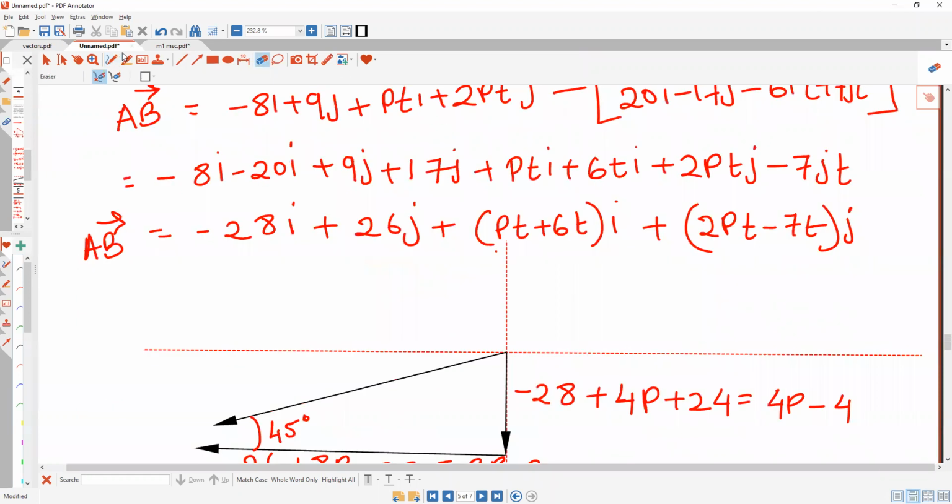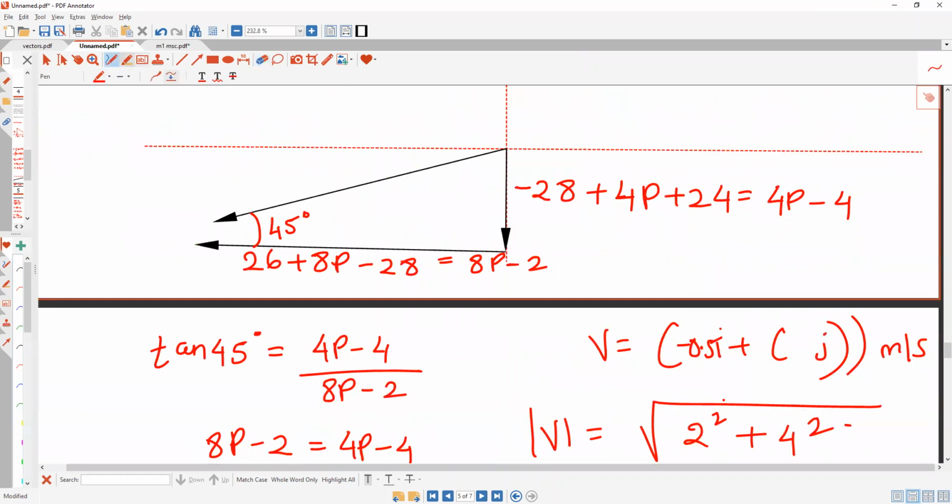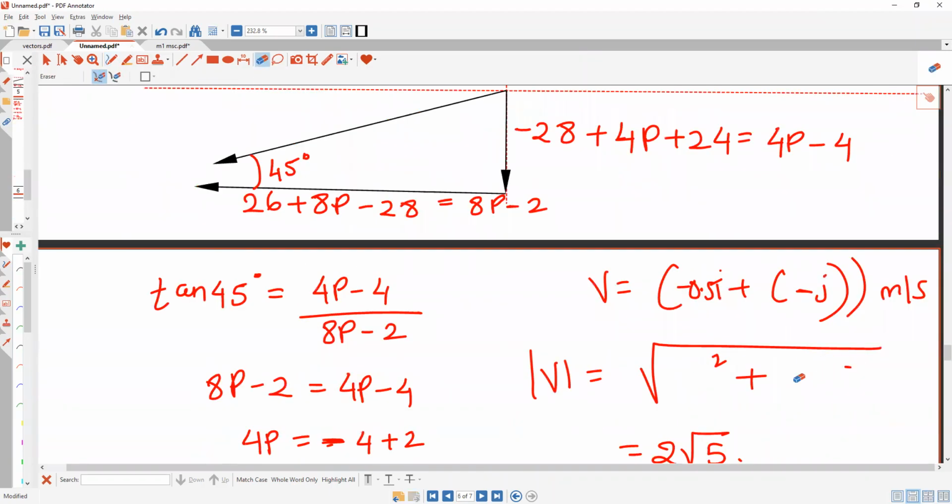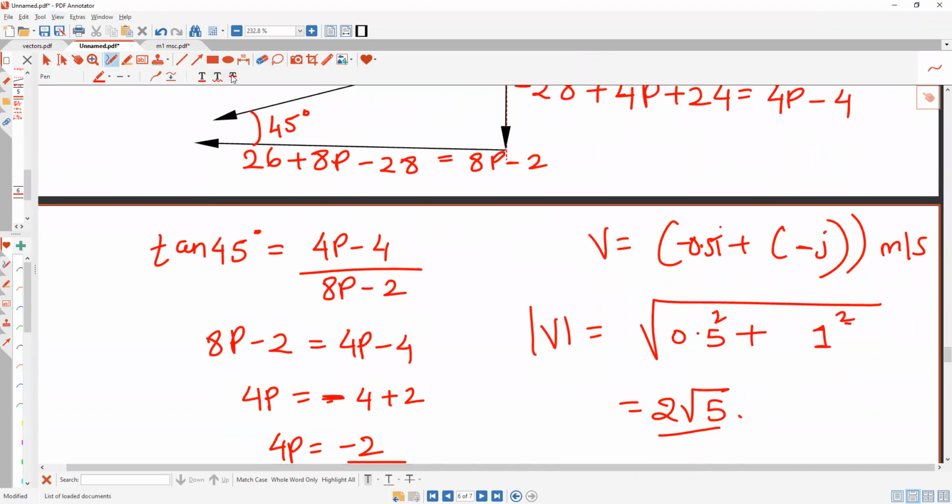Okay, so you have to put that in here: root of 0.5 square plus 1 square. So how much is that in your calculator? 0.5 square plus 1 square, root of the answer. It's 1.12 meter per second. That is your answer.